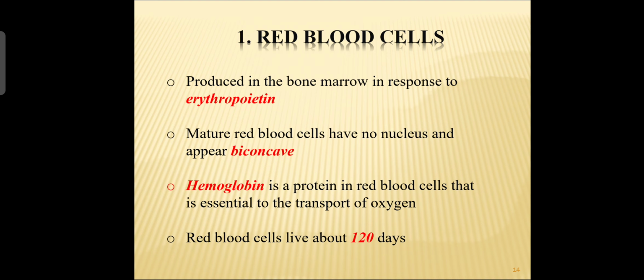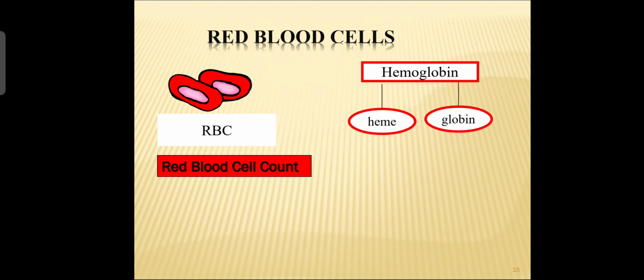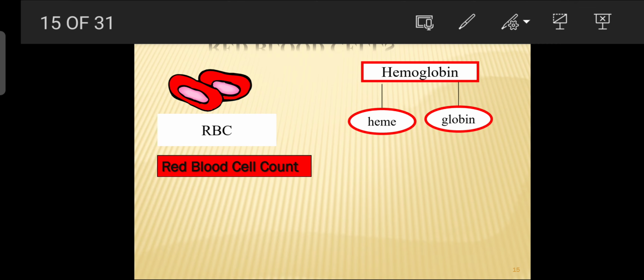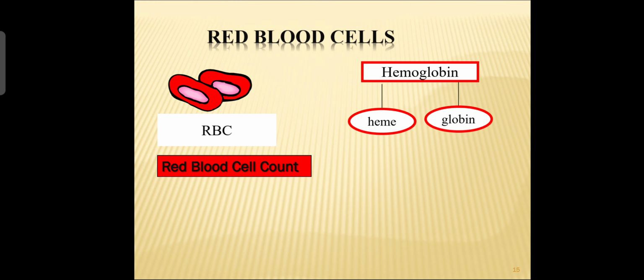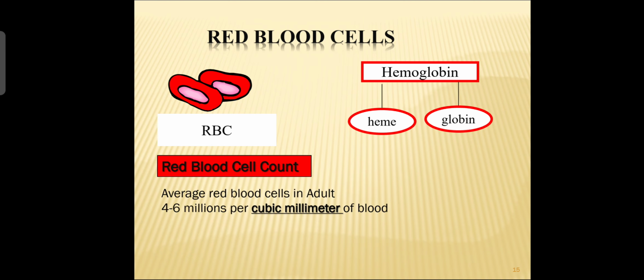RBC live for about 120 days. In RBC, there is the presence of hemoglobin, heme and globin. Average RBC count in the adult is 4 to 6 million per cubic mm of blood. In the male, the value is 4.6 to 6.4 million per cubic mm of blood.